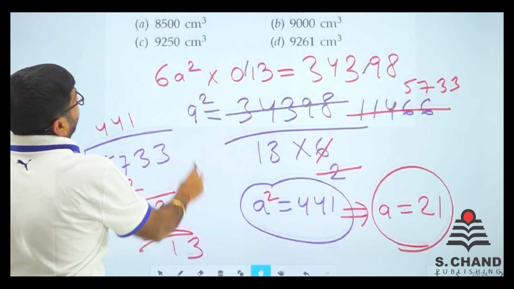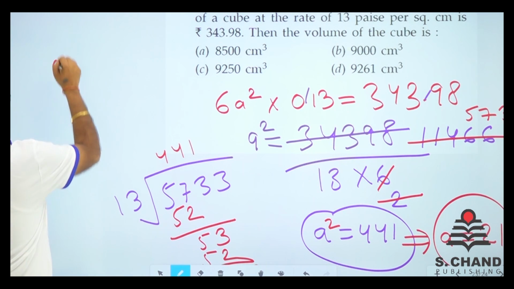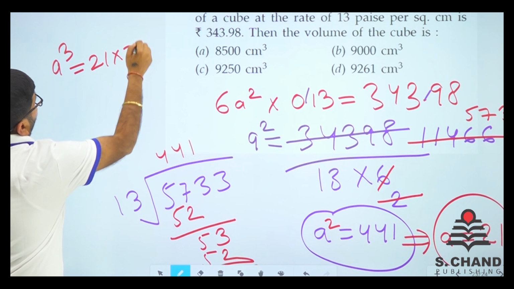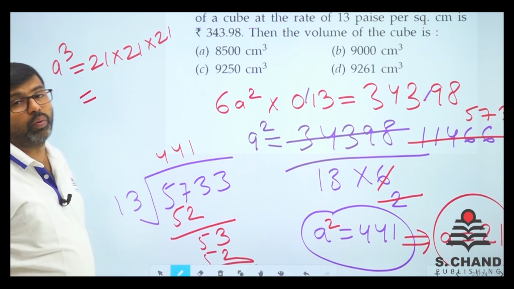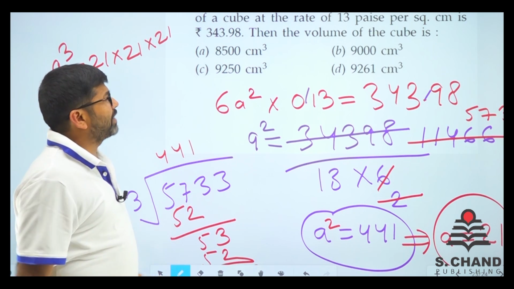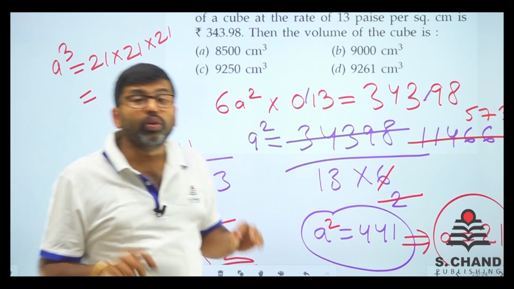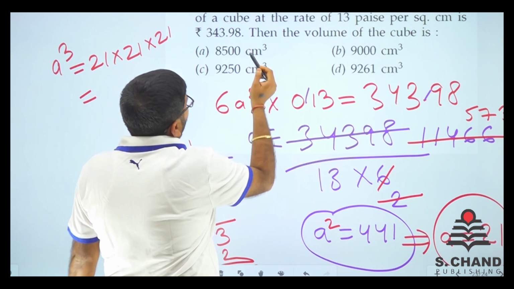If we have got the side here and we need the volume, so volume is basically a cube. That is 21 multiplied 3 times, 21 cubed. We know it very well. Say for example, we don't know the cube of 21. But when you see the options, there are 4 options. So the cube of a number ending in 1 will have last digit 1.